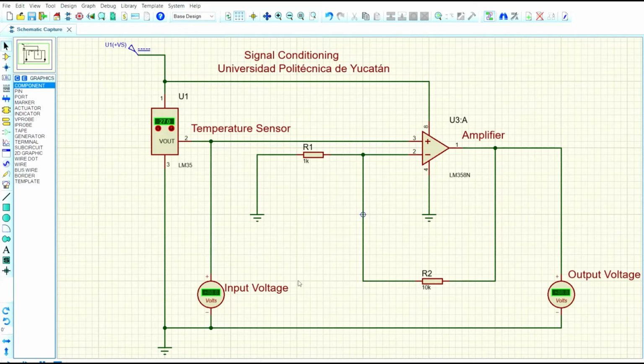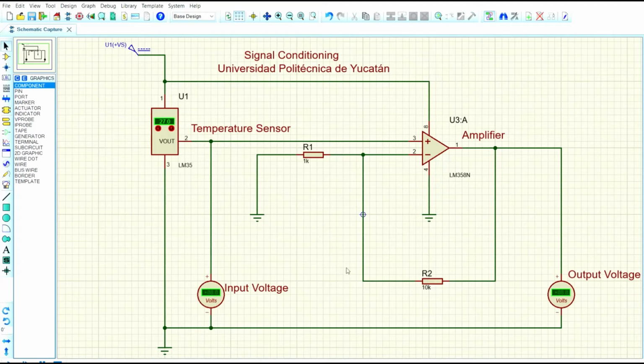We'll be measuring the output of the temperature sensor with a voltmeter, and this will show us the input voltage of the whole signal conditioning circuit. We also have another voltmeter connected to the output of the amplifier, which is also the output of the whole circuit.